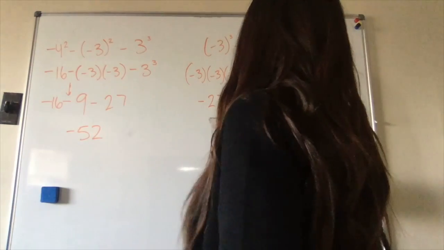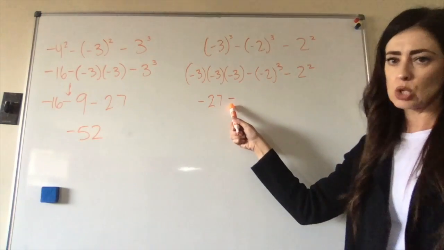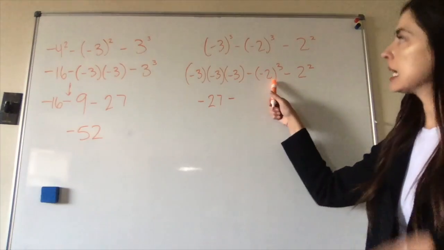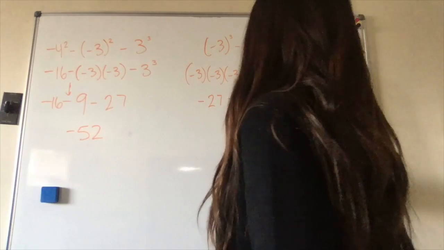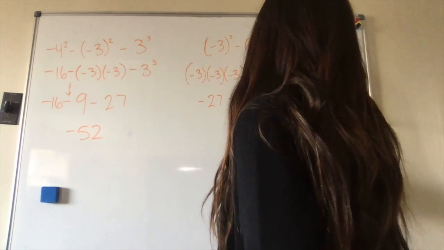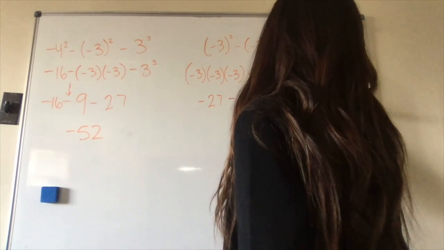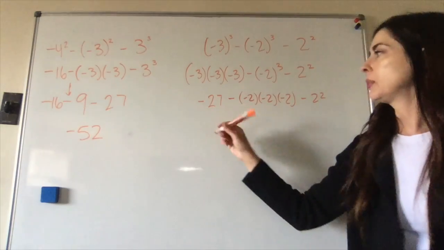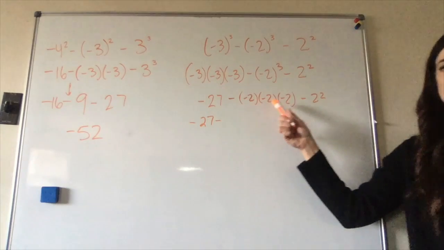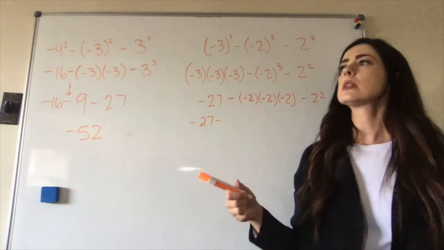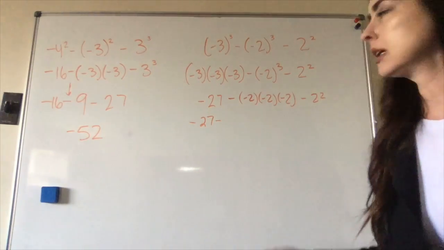Again, I'm going to bring down my subtraction symbol, and because this is in parentheses again, we expand it out. It's going to be negative 2 times negative 2 times negative 2, minus 2 squared. I bring down my negative 27 minus, again, 2 times 2 times 2. 2 times 2 is 4. 4 times 2 is 8.